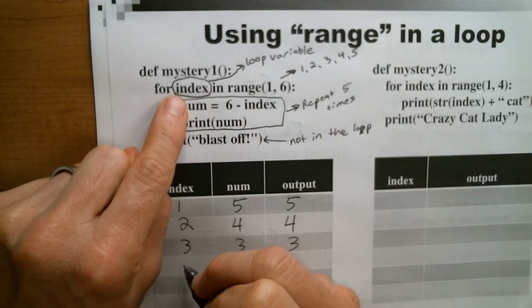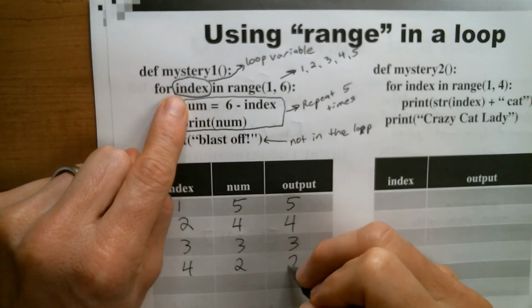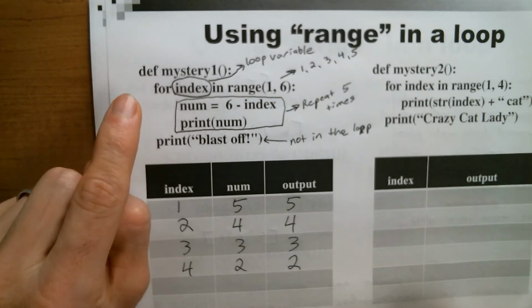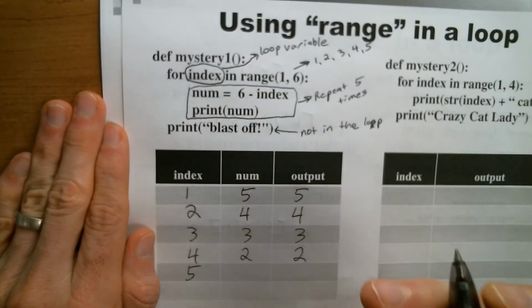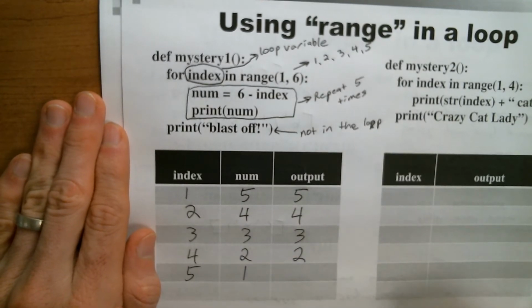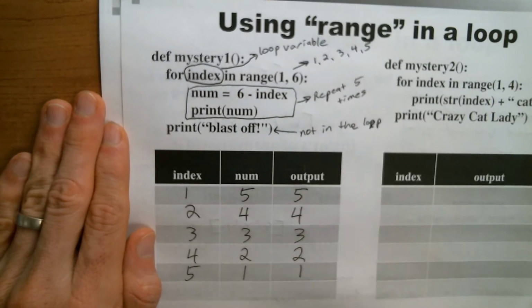Then index is going to go up to 4. 6 minus 4 is 2. And then we're going to print out a 2. Then index is going to go to 5. 6 minus 5 is 1. And then we're going to be printing out a 1.